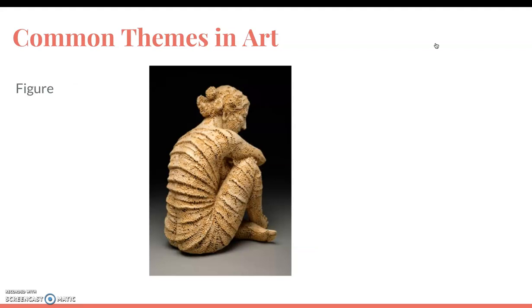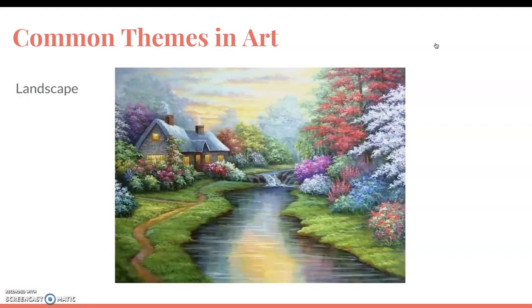This would be an example of a figurative artwork. Yes, this might be giving you the chills right now to look at this, but this is an example of the theme of figure. Figure means it deals with the human body and people, but in that, the focus is on the entire body. This is not really a portrait because there's more than just the face.